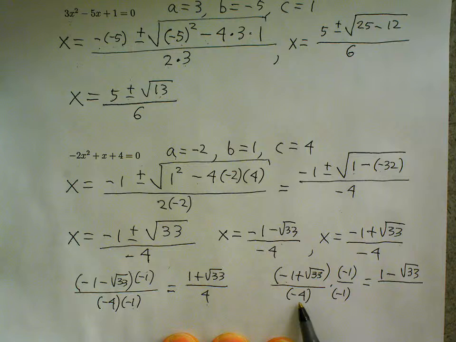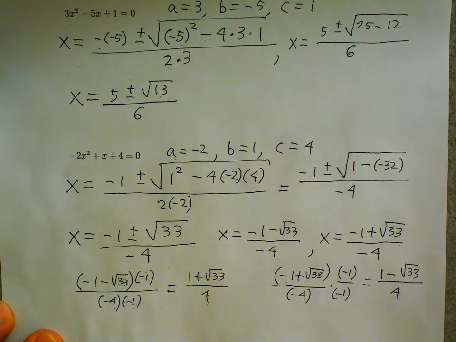And in the denominator, -4 times -1 is +4. We could have avoided this maneuver altogether if we had done something from the start.